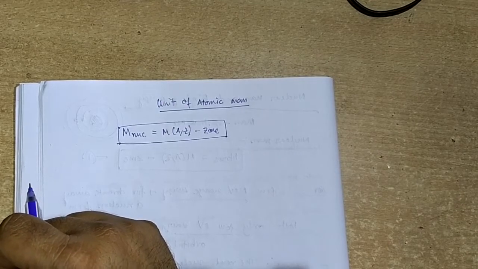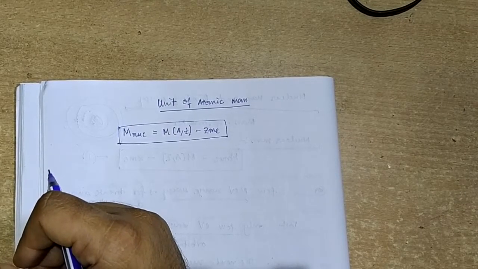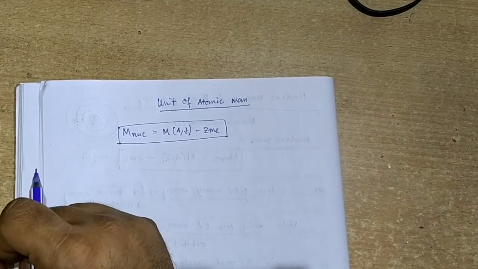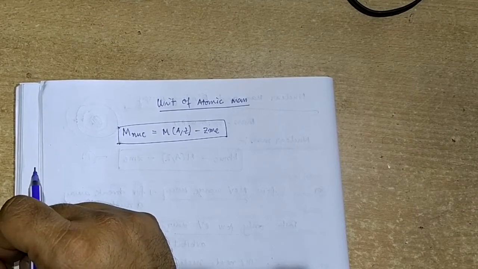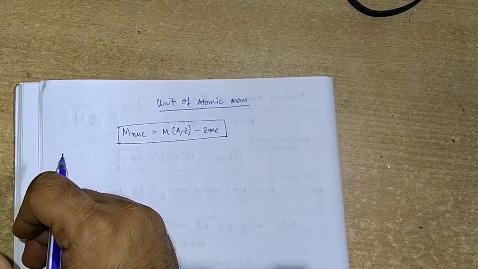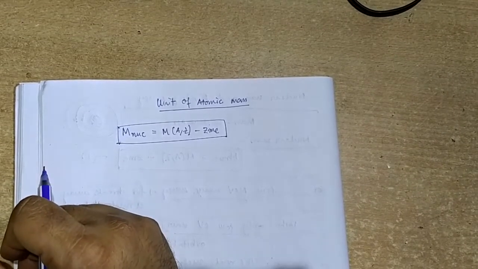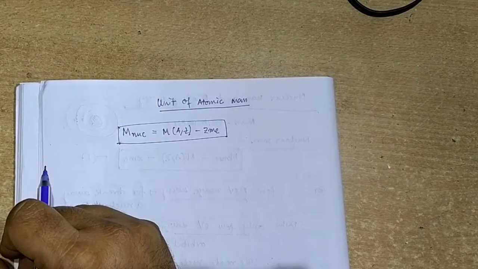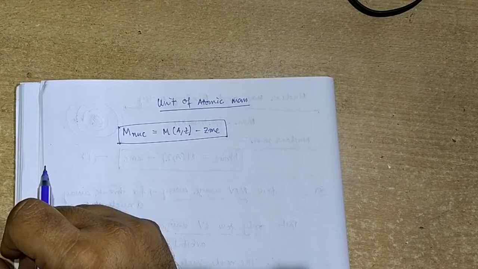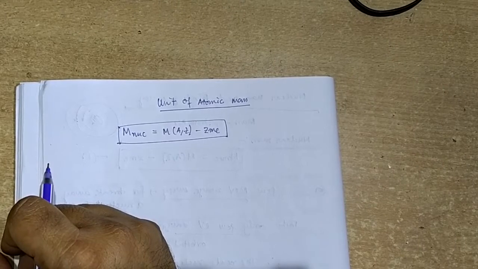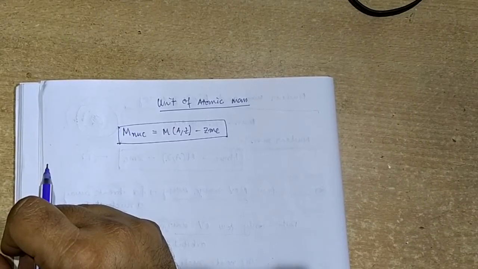On the other hand, the oxygen scale was also used by chemists, but in physics we use the carbon scale actually. That's why to obtain the value of the unit of atomic mass in the carbon scale, we take the mass of 1 mole of carbon as 12 gram.